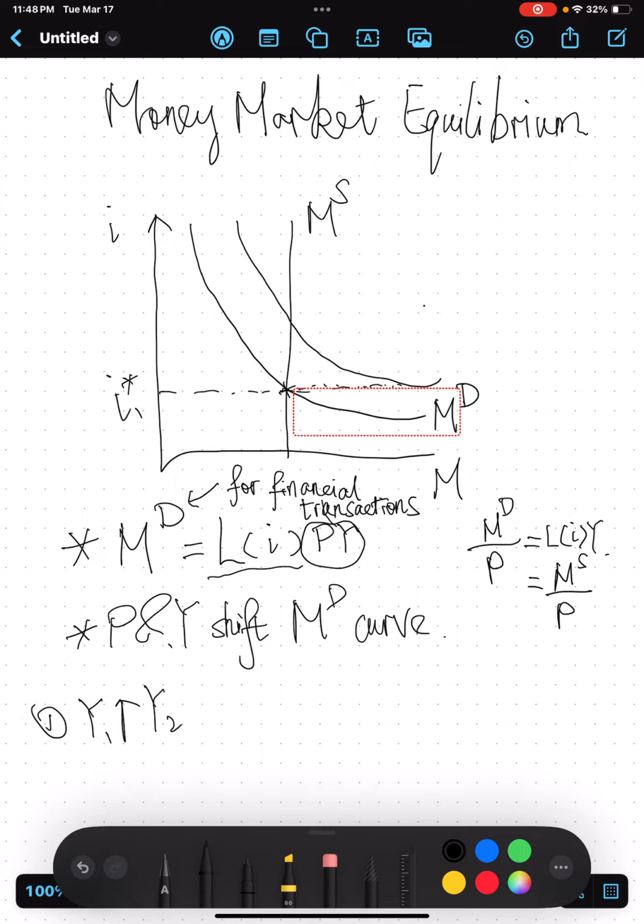In that case, your money supply doesn't change for that period of time, so there's a shortage of money supply. Therefore the interest rate would go up to incentivize people to hold less cash, to demand less cash.